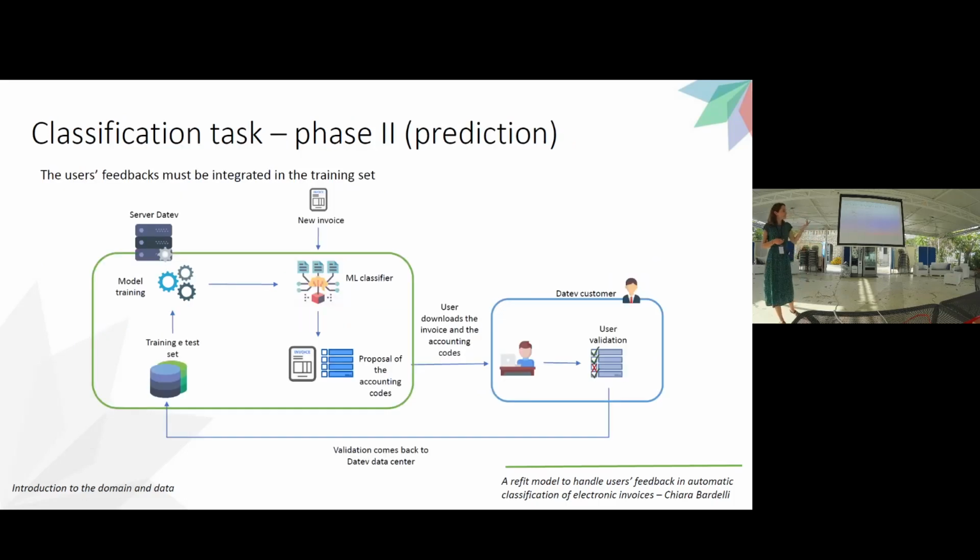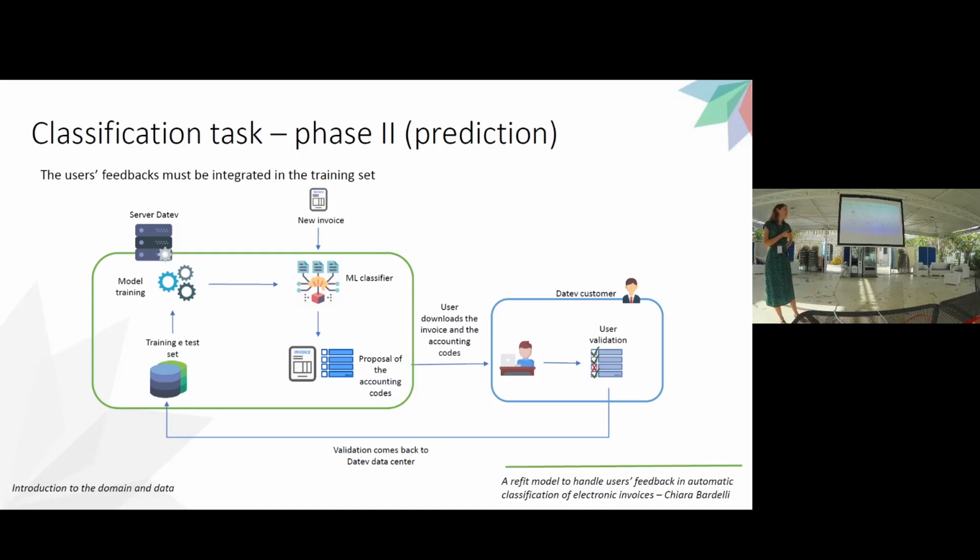But then comes the most difficult phase, phase 2, that is the prediction, because here we have to include the classifier in the business process and in the software of the Datev company. So we have a new invoice that arrives, and instead of the officer, we have the machine learning classifier.